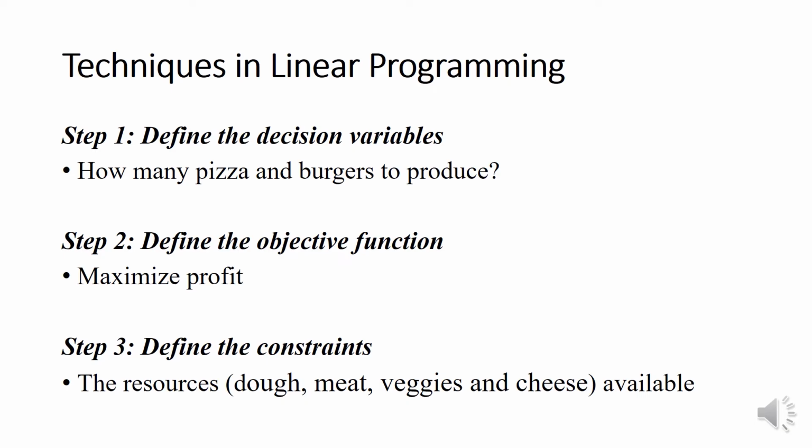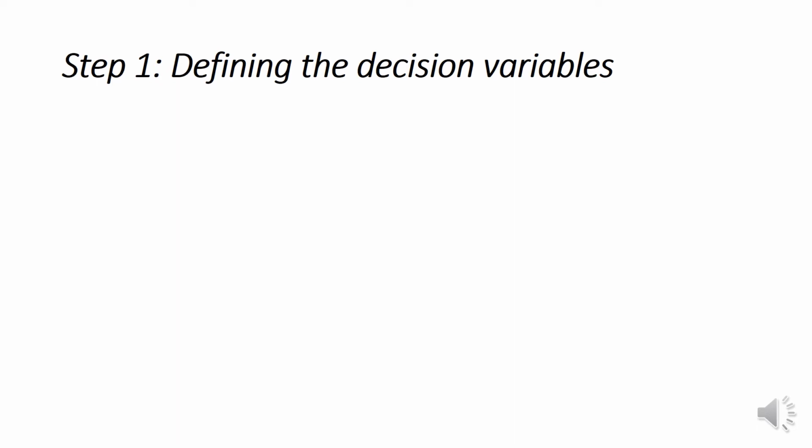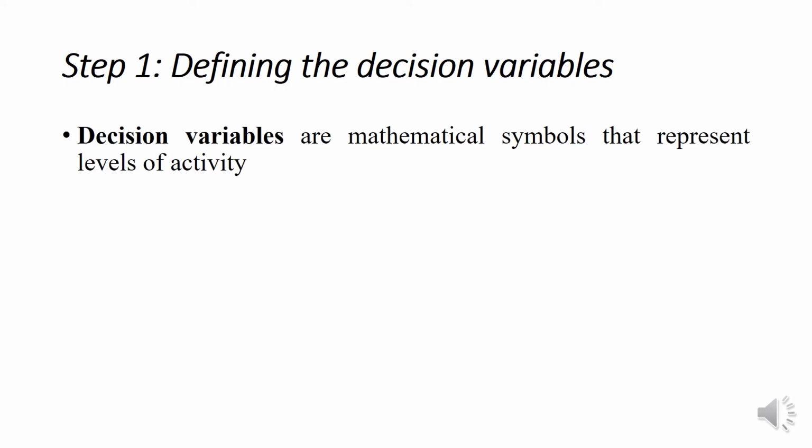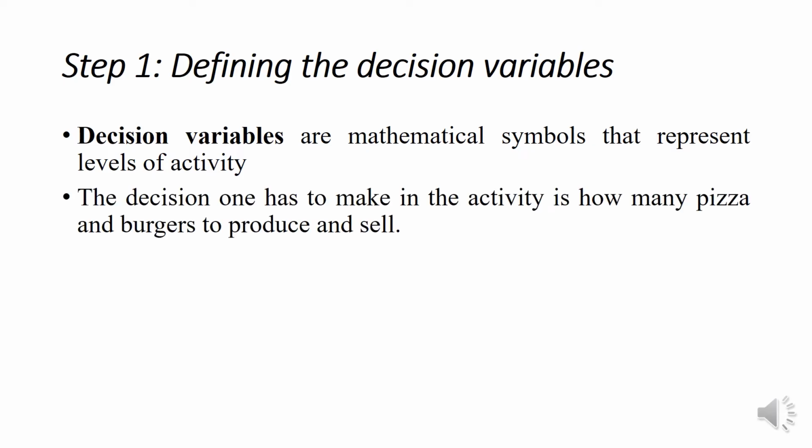So these are the first three steps in linear programming. In our problem, for example, defining the decision variables: decision variables are mathematical symbols that represent levels of activity. The decision one has to make in the activity is how many pizza and burgers to produce and sell.